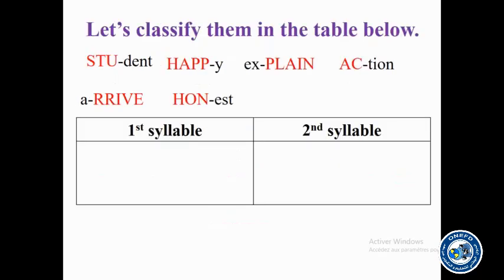Good. Let's see now how to classify them in the table. Is the stress on the first syllable or on the second syllable? As I have to remind you, we are working with 2-syllable words for the time being. So for student, the stress is on the first syllable.